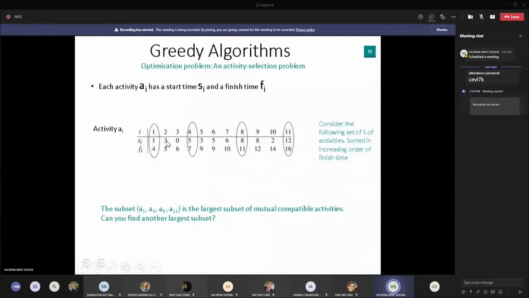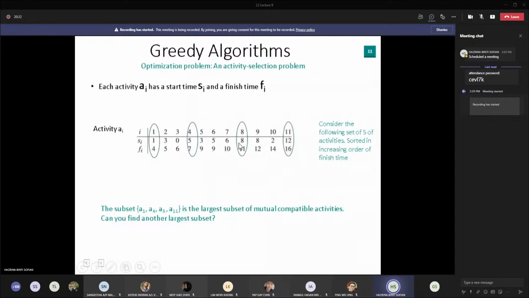We cannot have activity 2 because activity 2 will be overlapping with activity 1, and activity 0 will also be overlapping with activity 1. Since this will be completed at 4, activity 4 can start at 5 until 7. You can see here 3, 5, and 6 will be overlapped with activity number 4. So we need to exclude them.